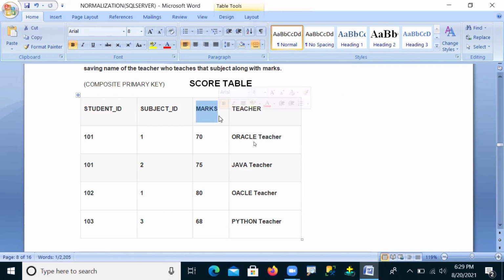Does this marks column depend on student ID, or subject ID, or both? Any guess, guys? Just think logically. Tell me, what does your marks column depend on? Student ID, or subject ID, or both?